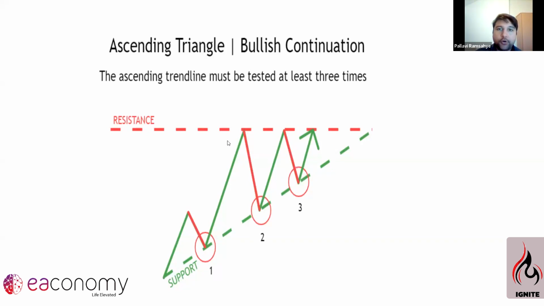So when you're drawing up these lines, let's say, for example, I had a question last week where somebody asked me, how do we identify these patterns as they are forming, okay? So let's say, for example, we did have this continuation upwards. Let's say we've seen the first 2 of these higher lows, right?